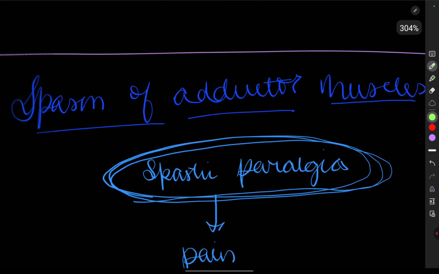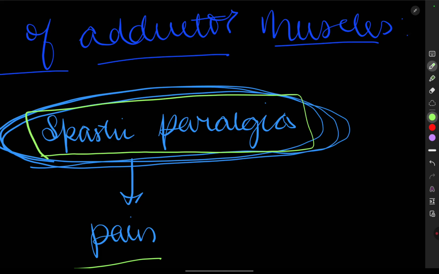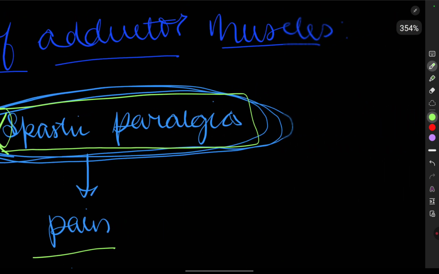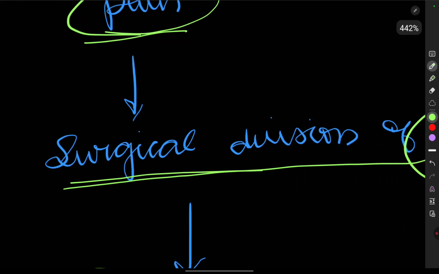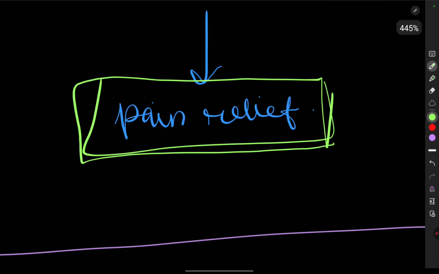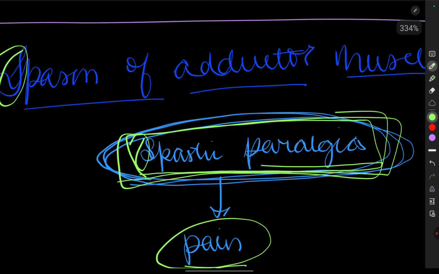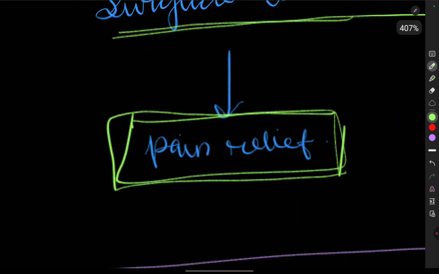How do you remember it? S for spasm and S for spastic. Paralgia refers to pain. So the condition of pain in the adductor muscle due to spasm is called spastic paralgia.